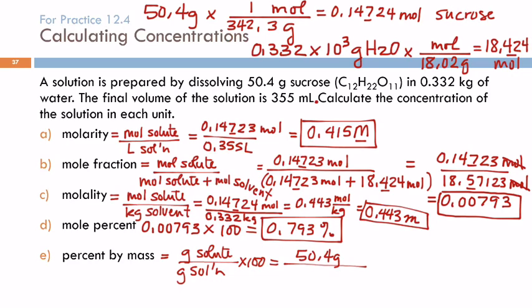Okay, this is one of my favorite trick questions. So you've got 332 grams for the water plus the 50.4 grams for the solute. It's so simple and so easy, and yet there are so many places that you can screw it up. That's why it's helpful to write everything out.